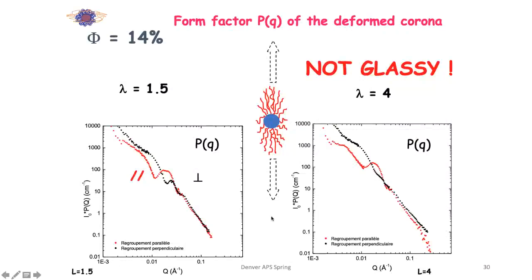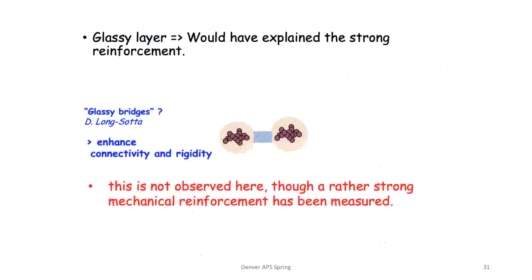So, in my opinion, this is to be compared to different theories which were proposed, which were saying that the increase in the mechanical reinforcement is due to the fact that the different nanoparticles are surrounded by a very hard polymer region, even forming some kind of bridges between two clusters, like here.